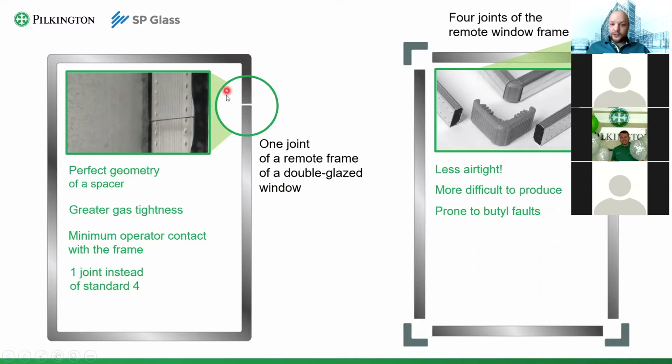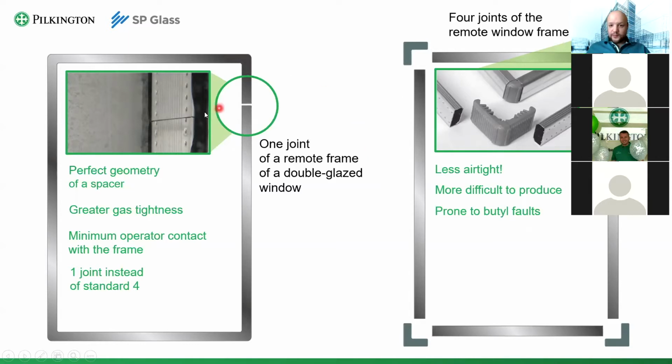Because again, these joints are very critical. If done properly, your IG unit can stand 10, 20 years or even more without any problems with water vapors getting inside for some reason or another.